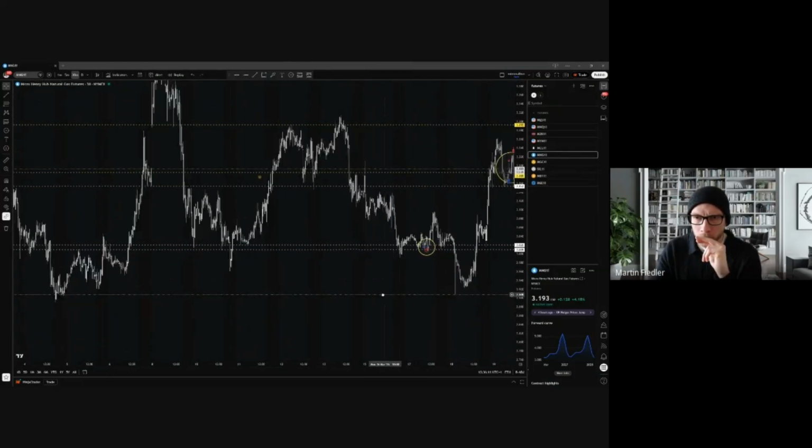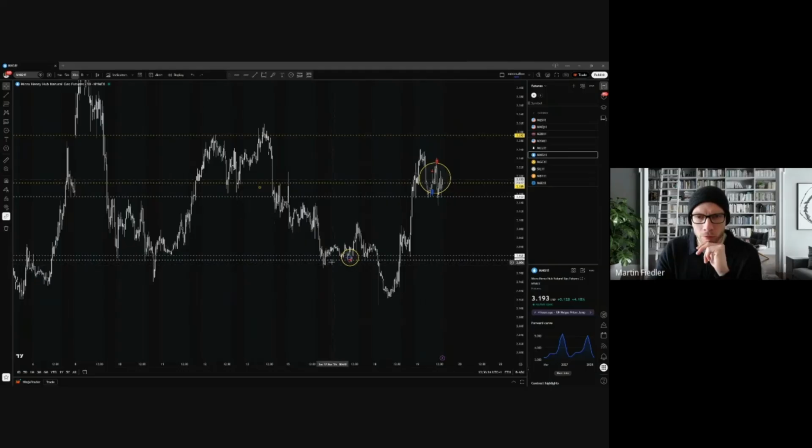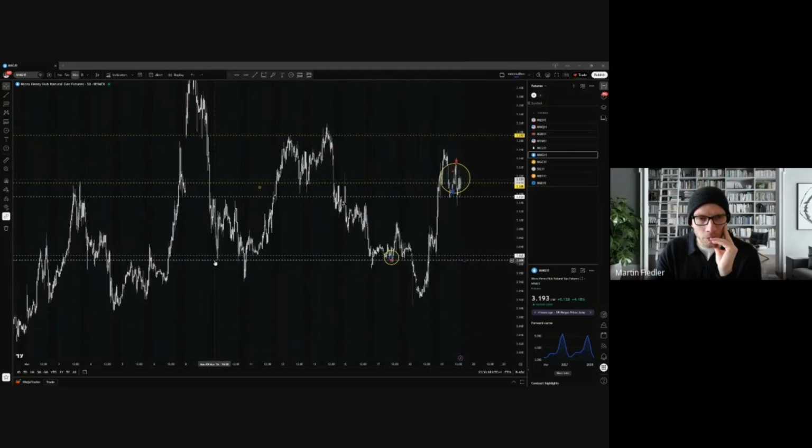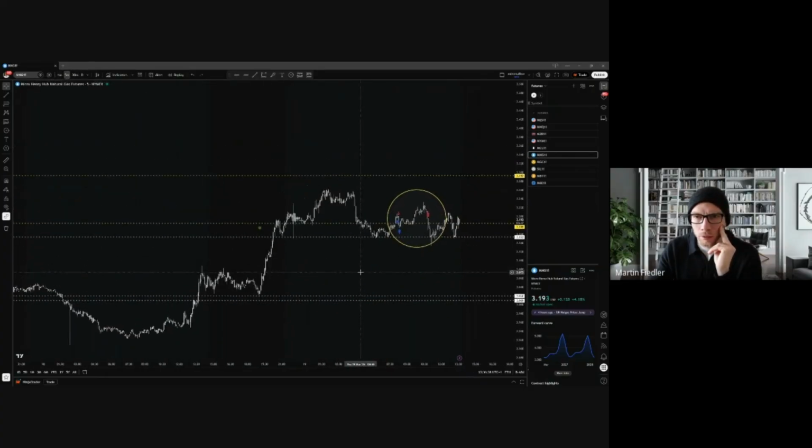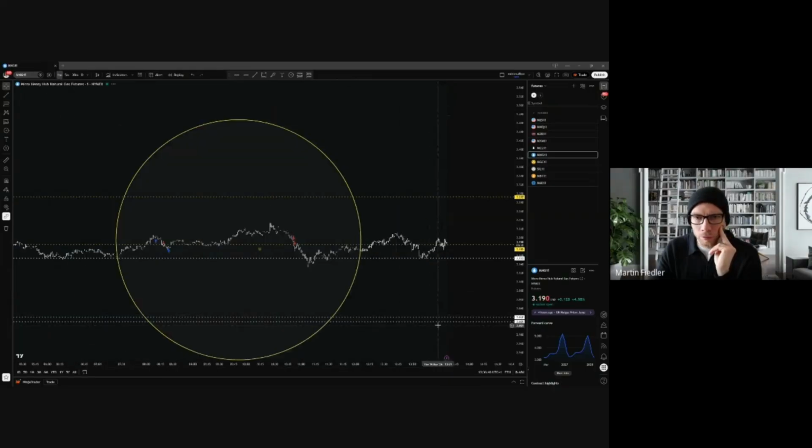So when we see this, for me there was support in this area, and it consolidates, and then it put in this kind of double bottom-ish pattern. And I was long biased and took a trade. This is a 5 minute. We go into 1 minute.